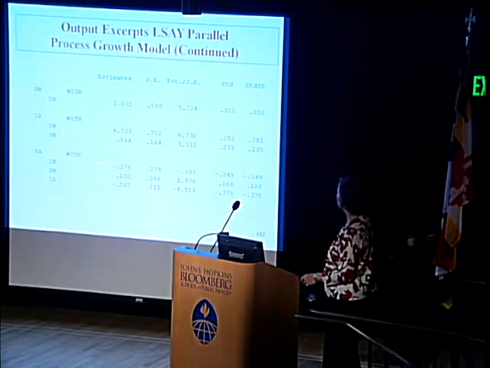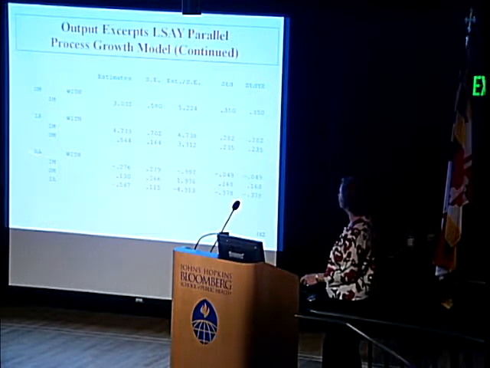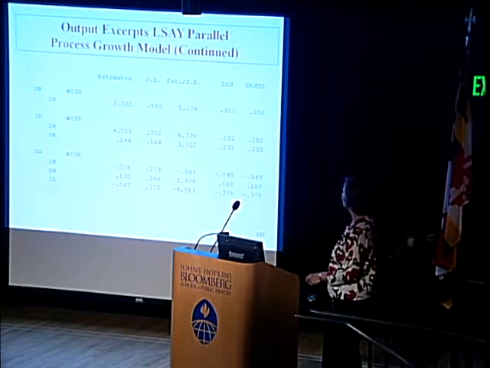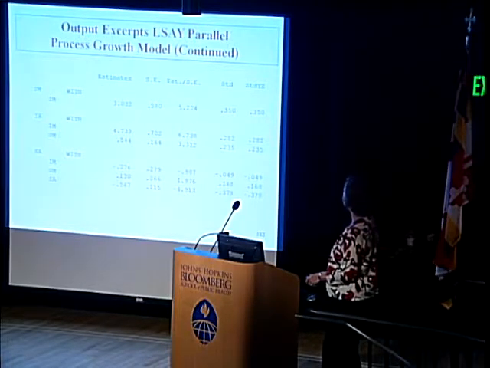And then down here we have the slope growth factor for attitude and the intercept growth factor for attitude. And we see that they're negative. So people who start low tend to improve their attitude more than those who start high.